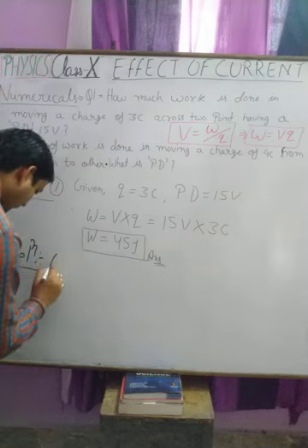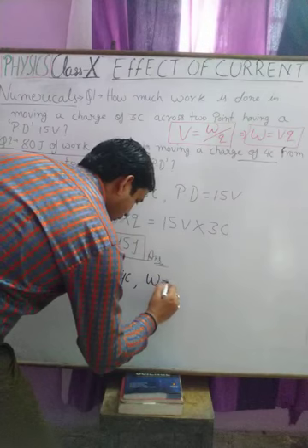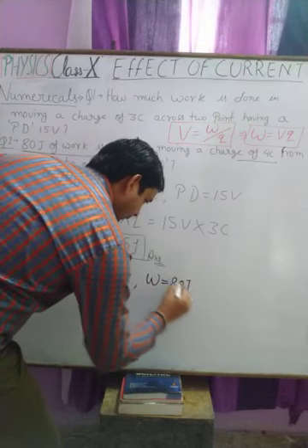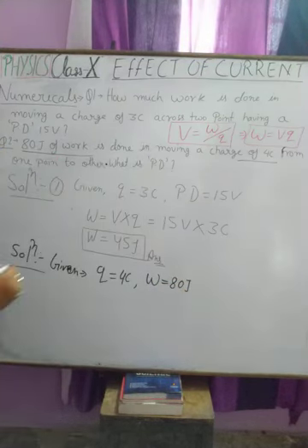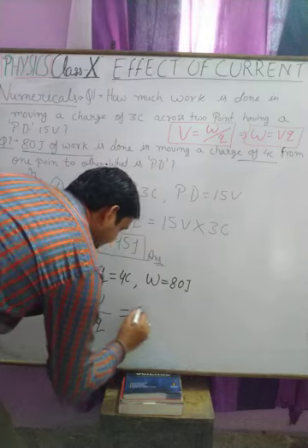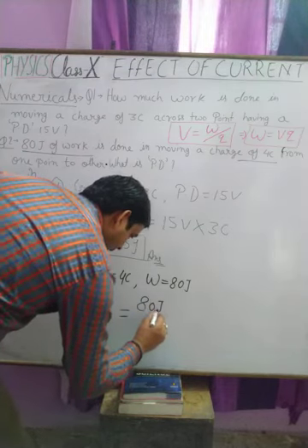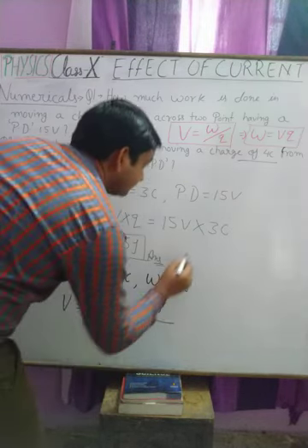We have the charge 4 coulomb, and the work done in moving this 4 coulomb charge is W is equal to 80 joule. We have the formula, potential difference is equal to W upon Q. On putting these values in the formula we get 80 joule upon 4 coulomb.